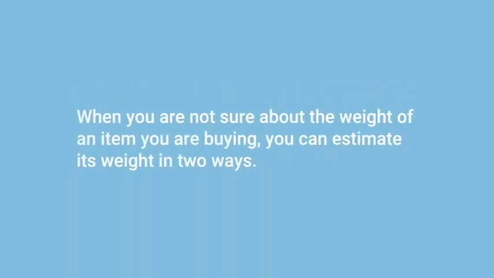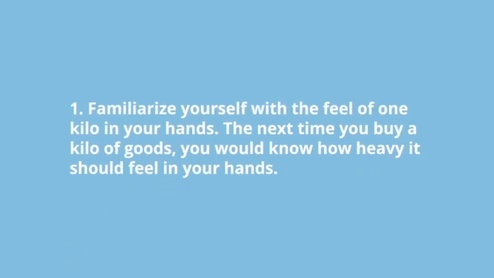When you are not sure about the weight of an item you are buying, you can estimate its weight in 2 ways. Number 1, familiarize yourself with the feel of 1 kilo in your hand. The next time you buy a kilo of goods, you would know how heavy it should feel in your hands.